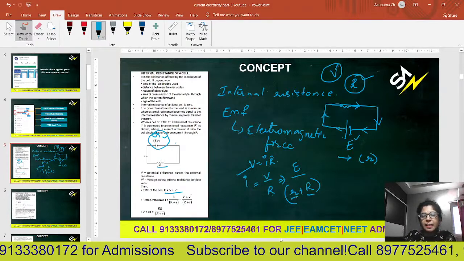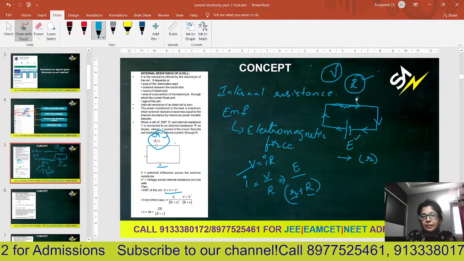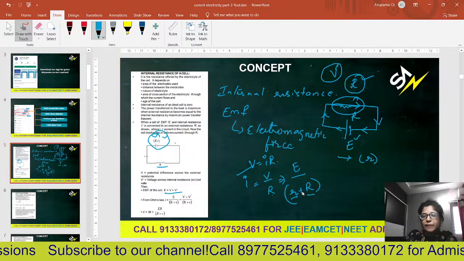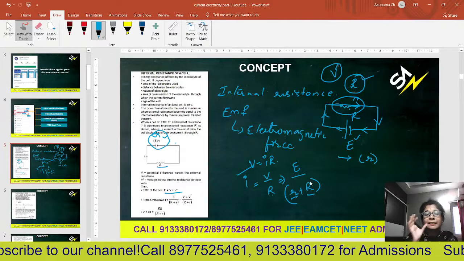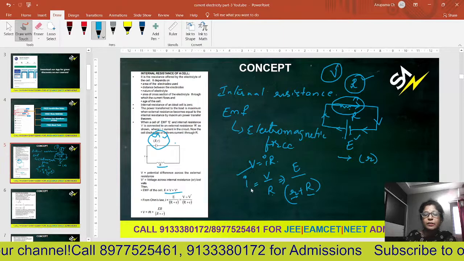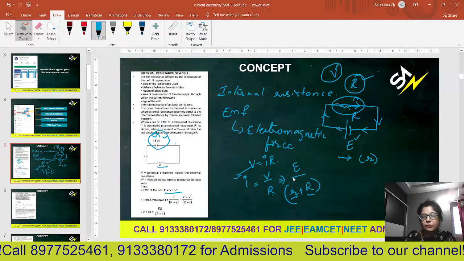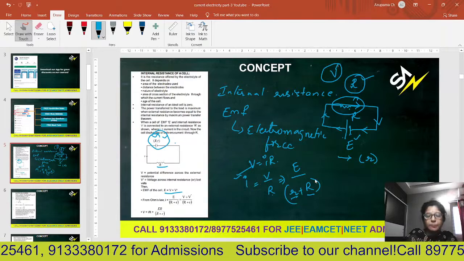When you add the internal resistance and this R, you get the total resistance of the circuit including the battery. So that is how we get a formula for I: I equals E by R plus r. So, this is about I.